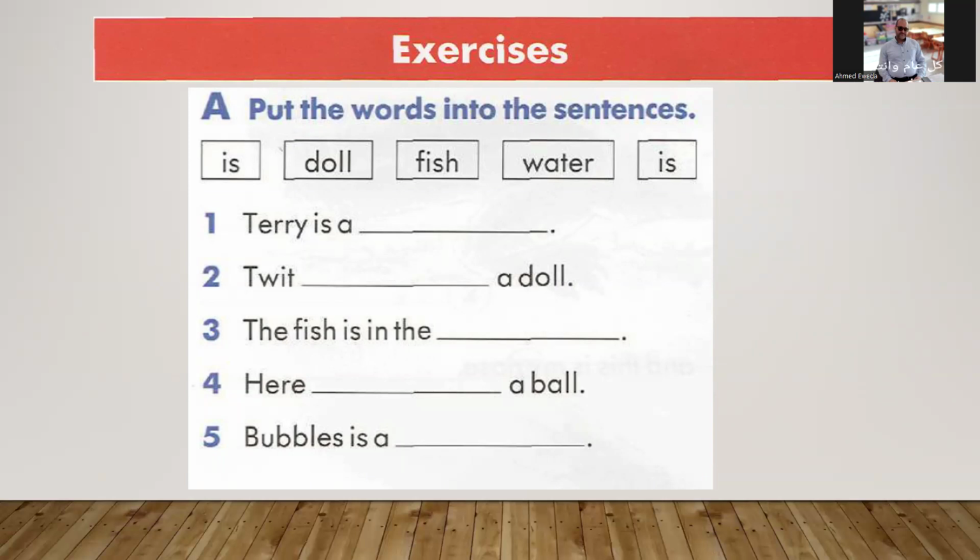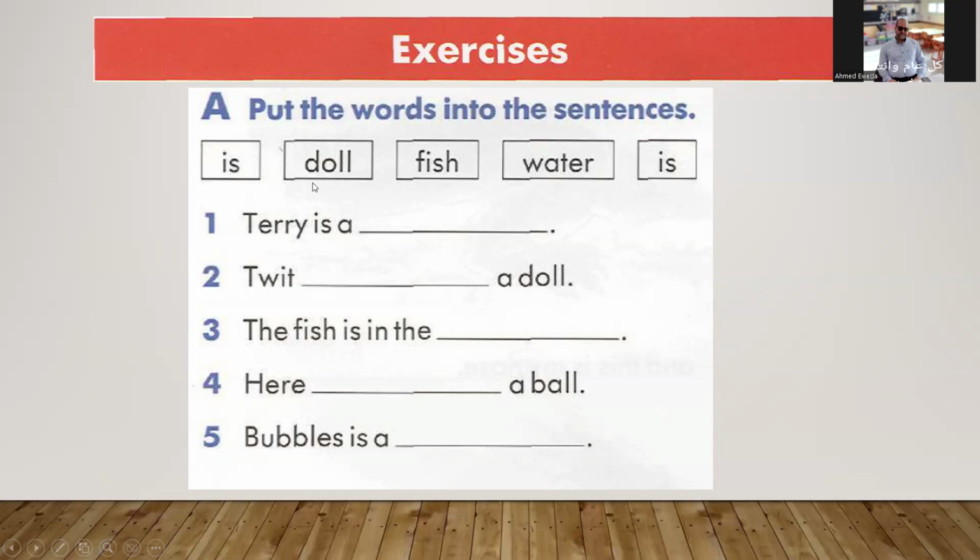Exercise A, we need to put the words into the sentences. Is, this is a verb from verb to be. We will learn a little bit about it in the next exercise. Don't forget, we have two verbs here, and the same word goes with the blanks.